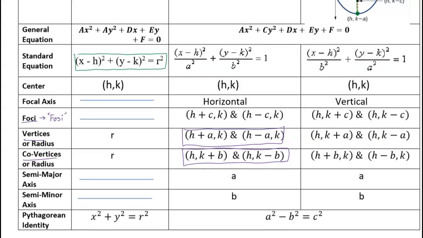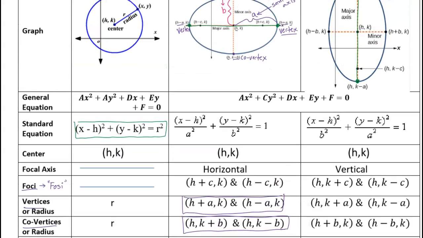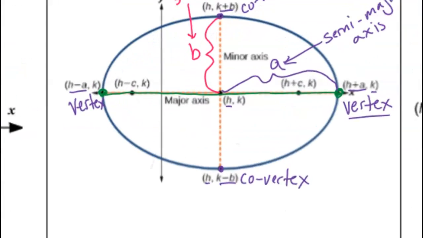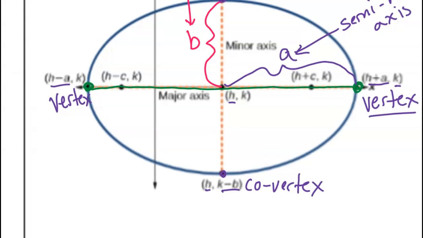We need to know how to find the foci. If I'm looking at this diagram right here, these two points represent the foci. And the distance between the center and the foci is defined as c. Zane says yes, indeed.